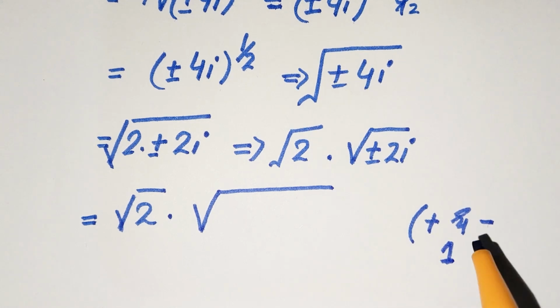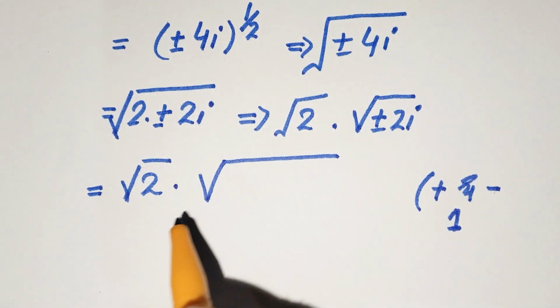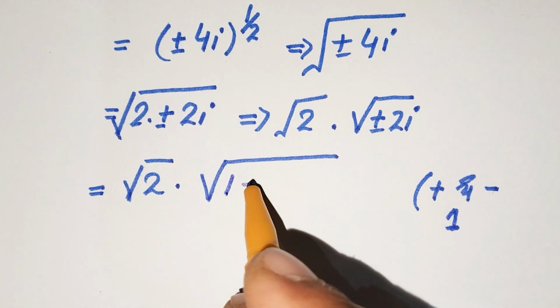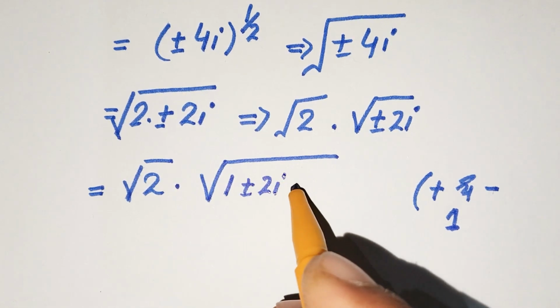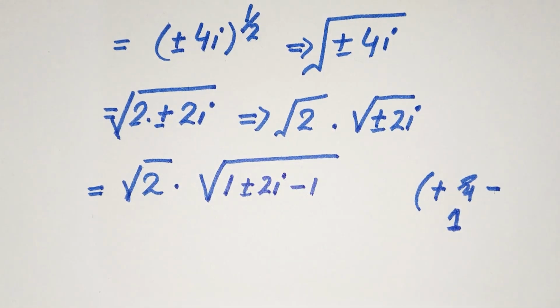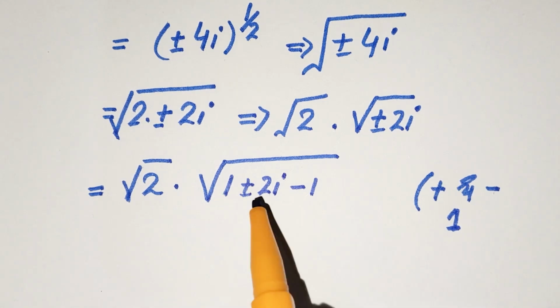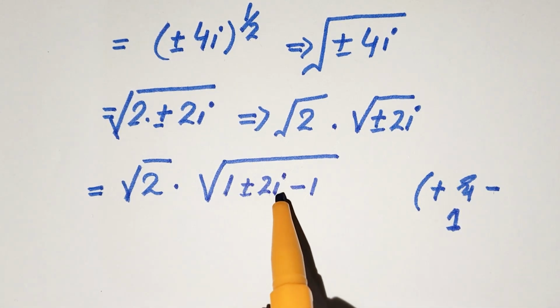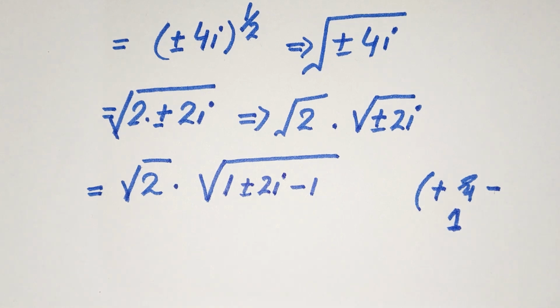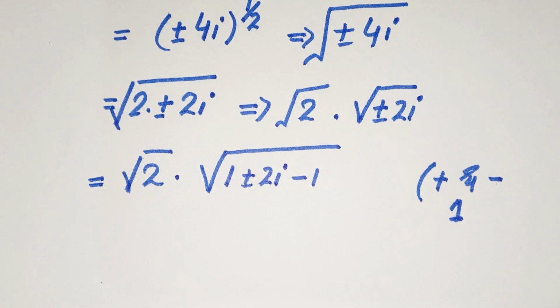By adding and subtracting 1, we get 1 plus minus 2i minus 1. It doesn't matter, the plus minus can be cancelled. So 1 plus 2i minus 1, we can use it for our convenience.